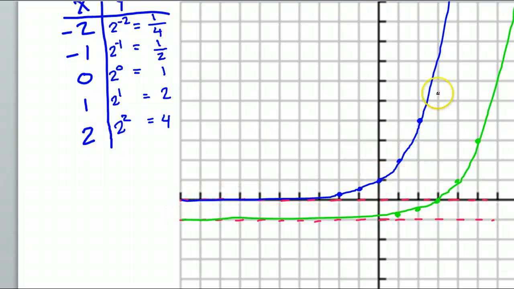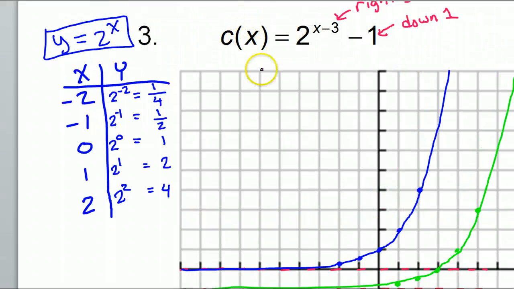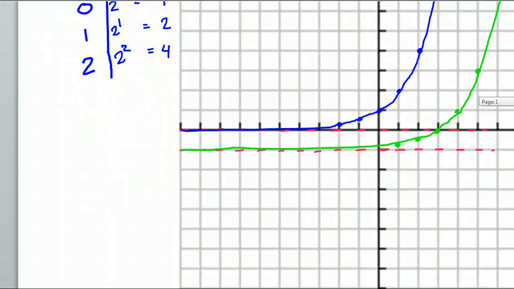Alright, so there's your parent function, but of course the green function is the real function that we were supposed to graph, function c. In both cases, they are increasing. And the domain, once again, is -infinity to +infinity.